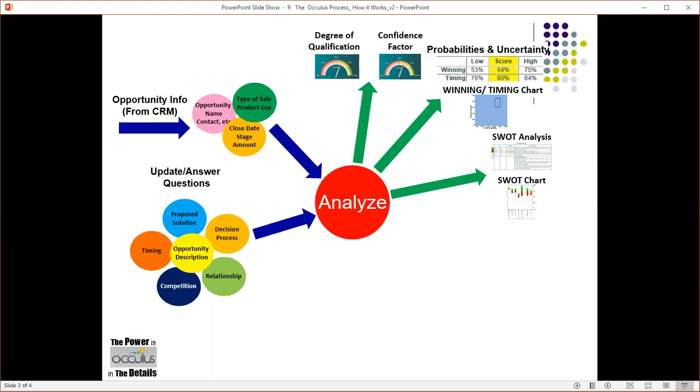What the SWOT chart does is it takes all the individual SWOT analysis and graphs it on a single chart. You can see the red and the green, and the junction between those two is what we refer to as the score we achieved in that category.